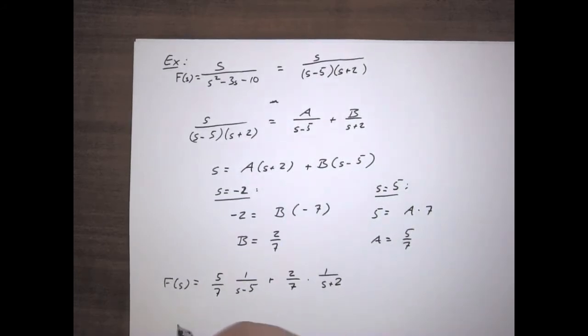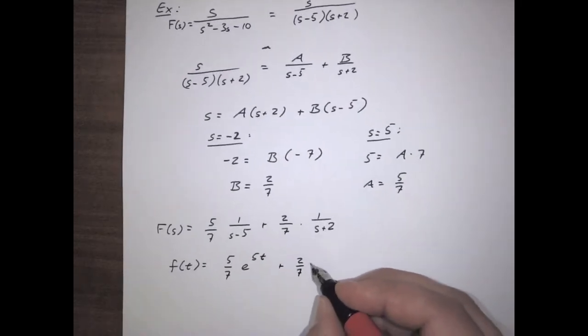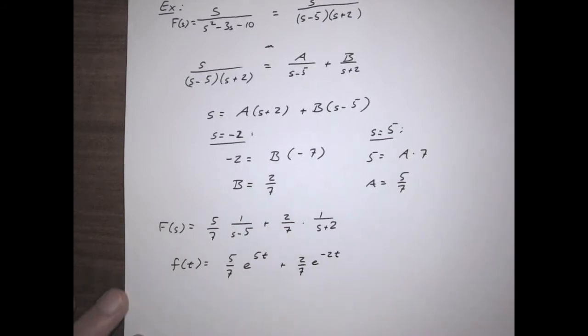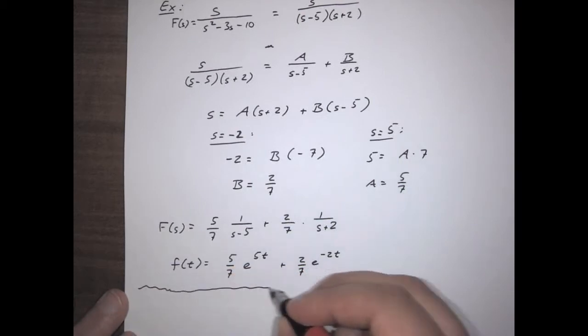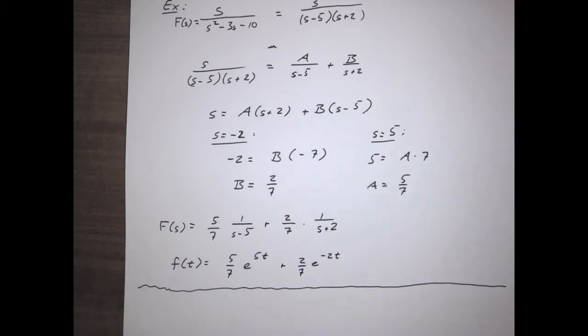And so that means then f of t is equal to 5/7 e to the 5t plus 2/7 e to the minus 2t. So the main innovation in this section was just finding a way to re-express complicated expressions such as we saw in the previous examples as entirely involving a shifted function of s. So s minus 2, s plus 2, something like that.